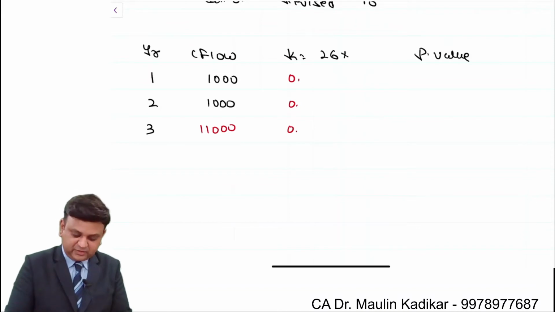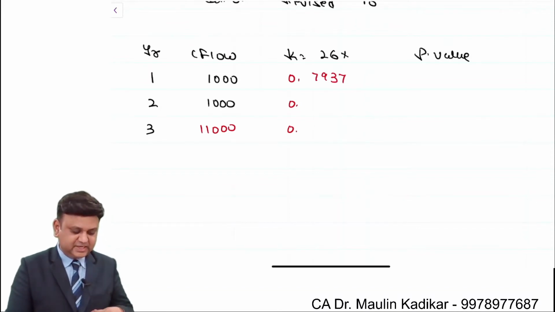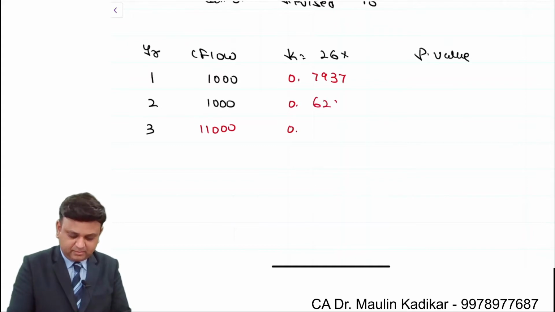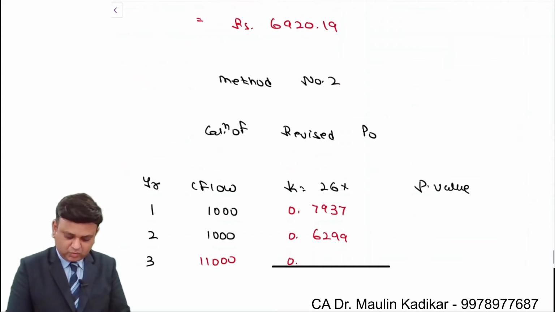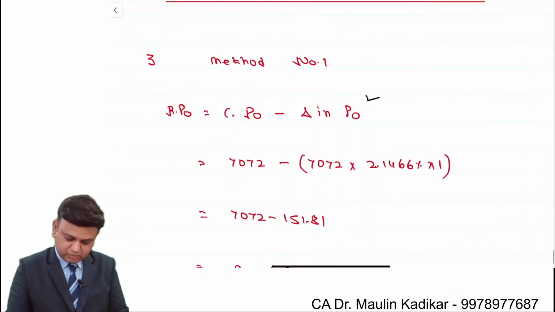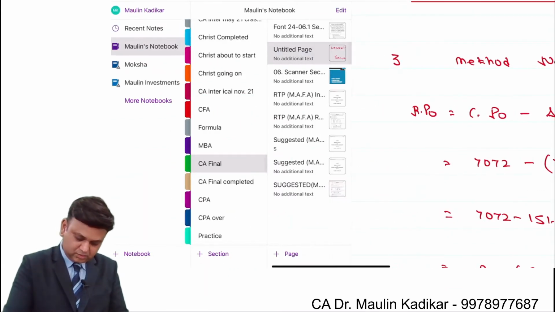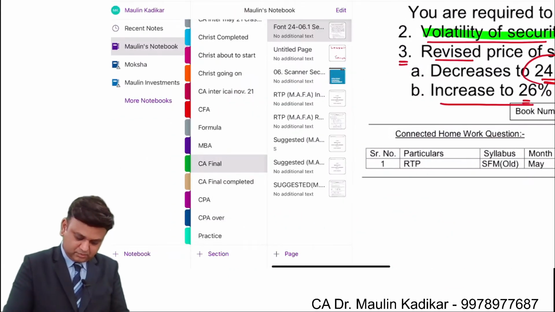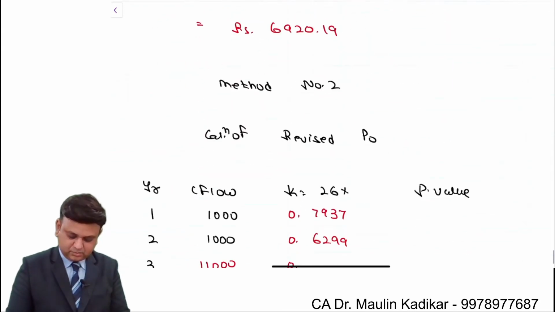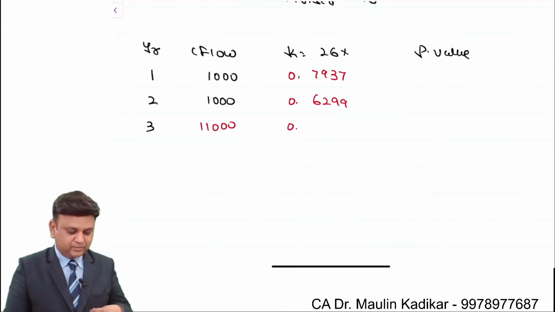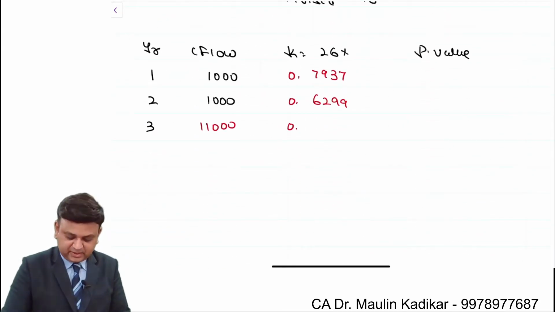First year factor is 0.47937, second year it is 0.6299, third year is 0.4999.